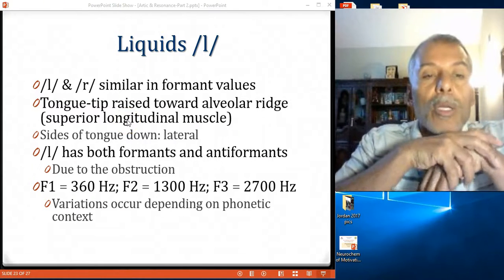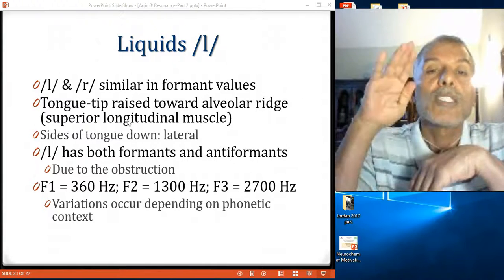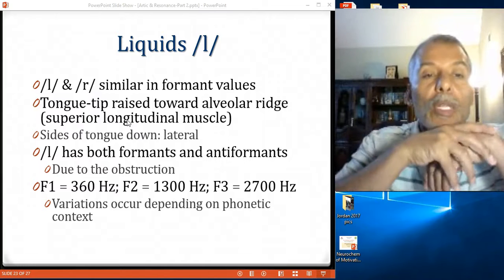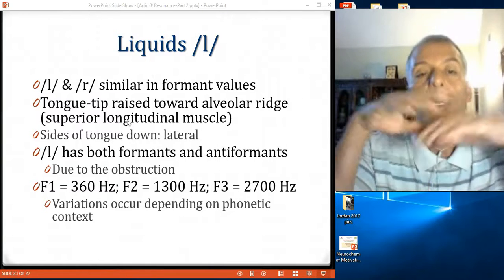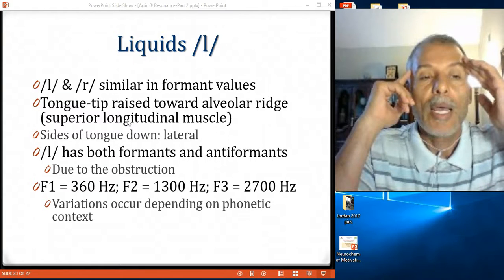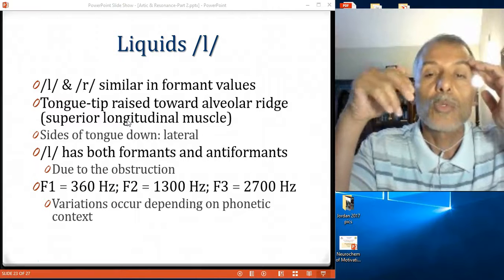L and R are similar in formant values. For the L, the tongue tip rises towards the alveolar ridge, and you have the superior longitudinal muscle active to lift up the tongue tip. And L has both formants and antiformants due to the obstruction.